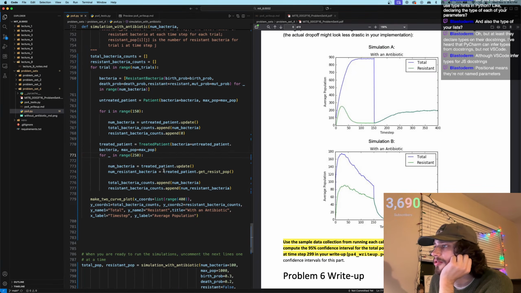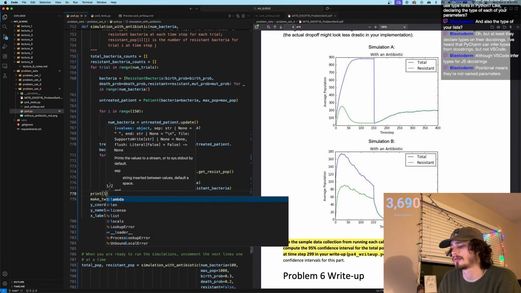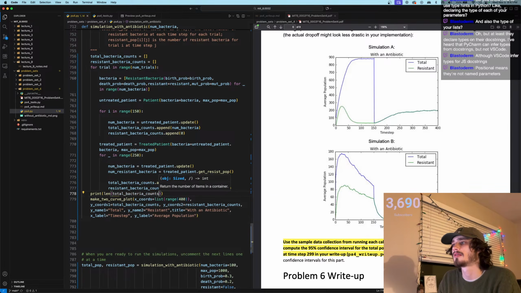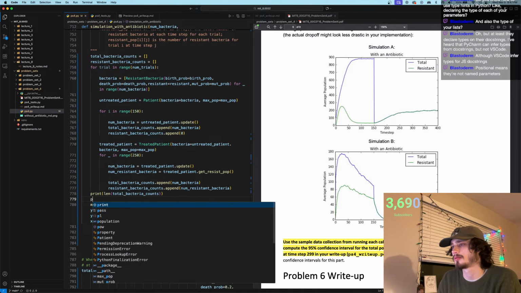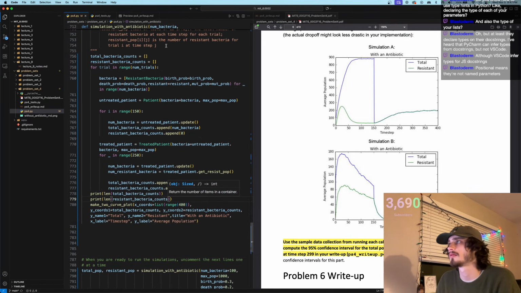So then we're going to say treat a patient, update, this gives us a number of bacteria, append that, and append. So if I print the length of total bacteria, let's print the length of resistant bacteria counts.